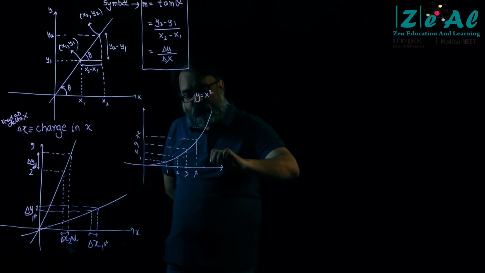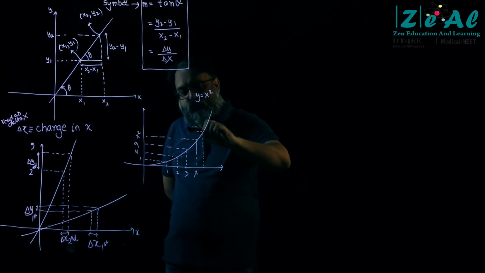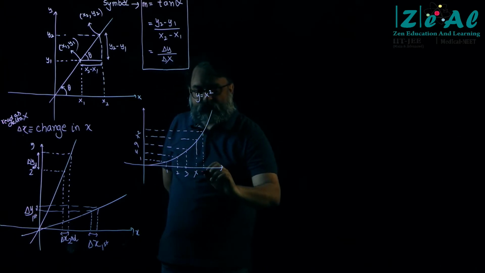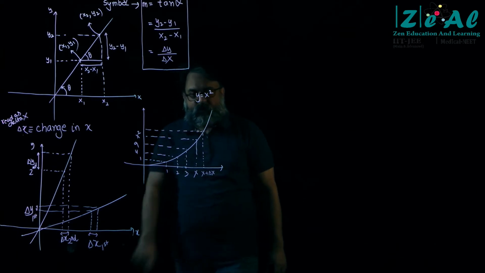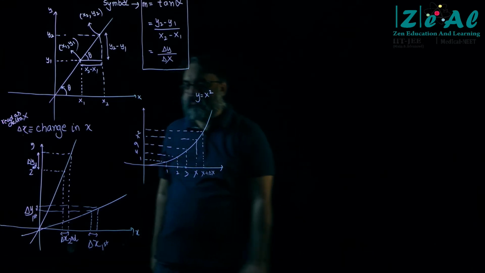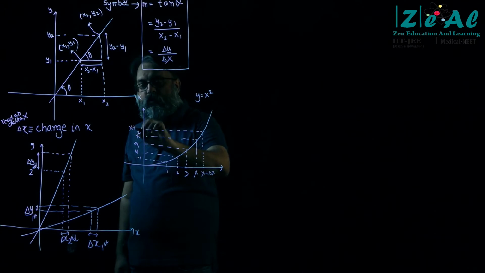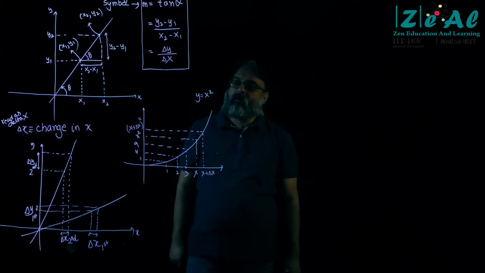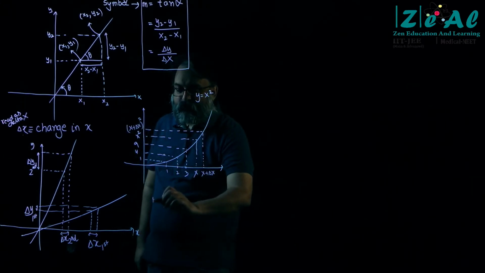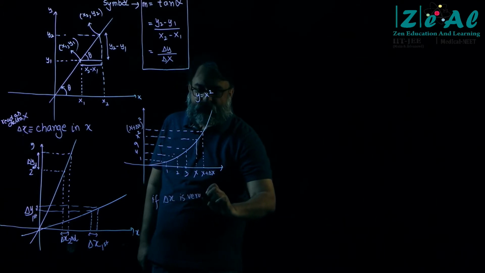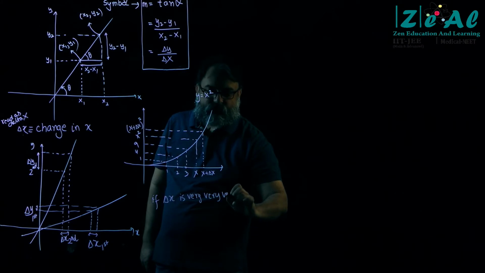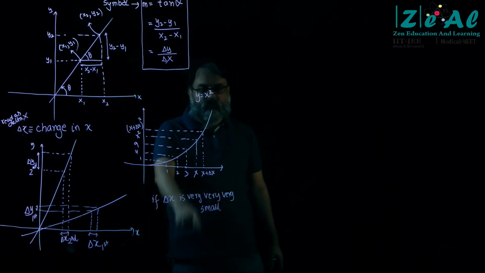And what we did was we said that the next point that I am choosing on this curve is x plus delta x. That means x plus some change in x, and the corresponding y coordinate would be x plus delta x the whole square. And we said that if this delta x is very, very small, I don't want to write it like this, but right now I have to, but I will invent a symbol for this in a moment.